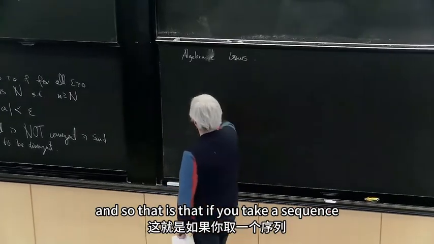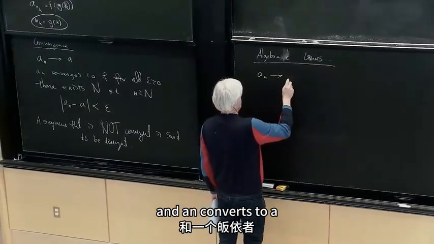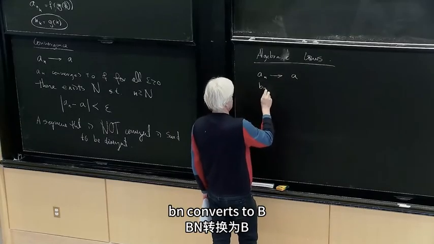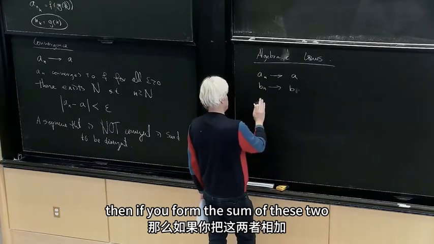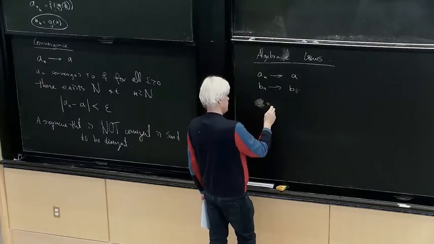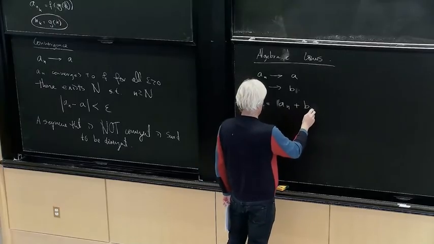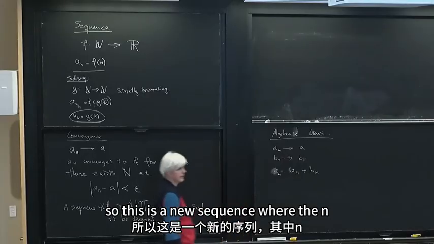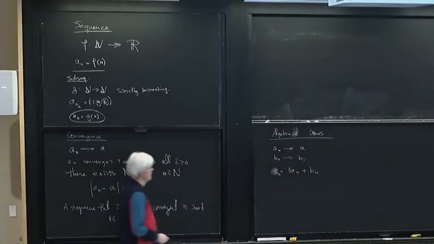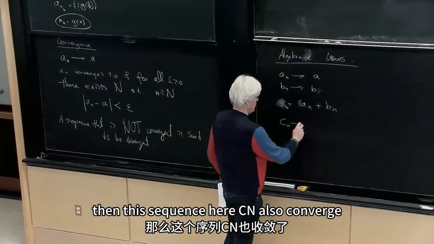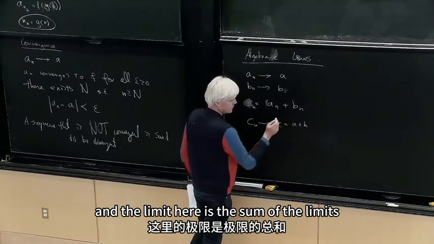If you have a sequence a_n that converges to A, and b_n converges to B, then if you form the sum, a_n plus b_n, so this is a new sequence where the nth element is the sum of the nth elements of the other two sequences, then this sequence c_n also converges, and the limit is the sum of the limits.